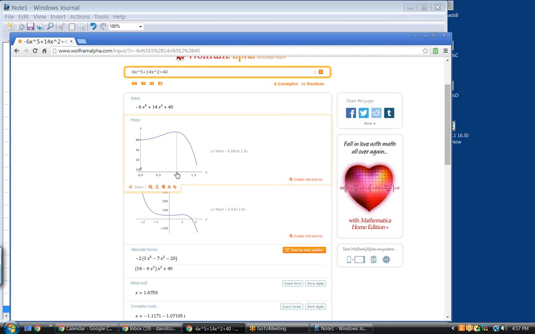In the interval from 0 to 1.5, there is a local maximum at x equal 1. But it's only local. In other words, it's not an absolute maximum. It's a local maximum. You understand the difference between absolute and local? Okay. Let's see what else this thing tells us.